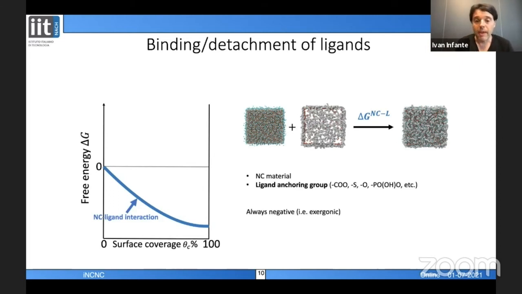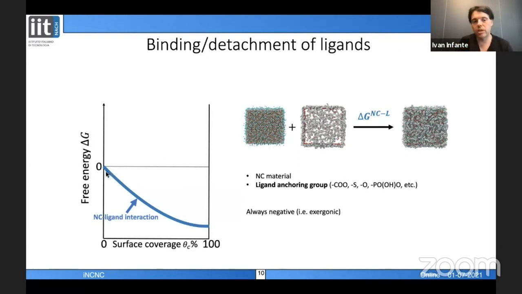So we said that it's always negative, and it will increase more or less linearly when you add ligands, but then at some point, at high surface coverage, you can saturate this additivity of the term by adding one ligand at a time on the surface of the nanocrystal.